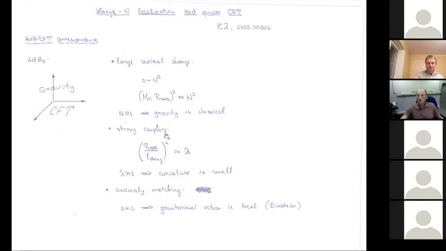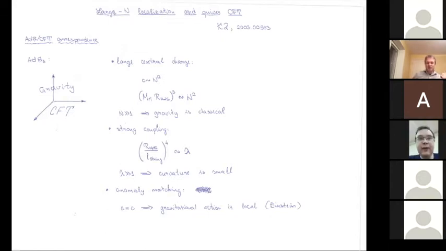And the third condition, which is not so often emphasized, is that anomalies should match. Now I'm talking about four-dimensional conformal theories. If we want the gravitational description to be in terms of simple Einstein gravity, then the anomaly coefficients A and C should be equal.